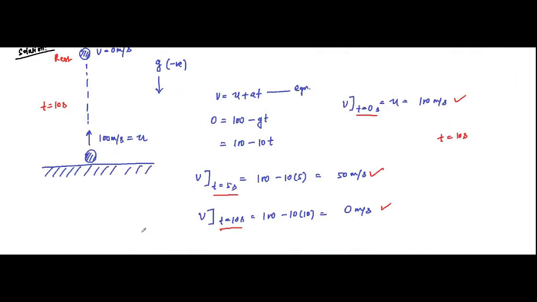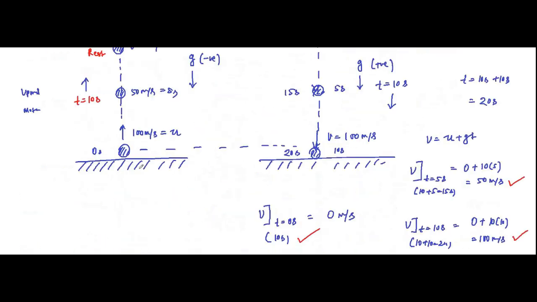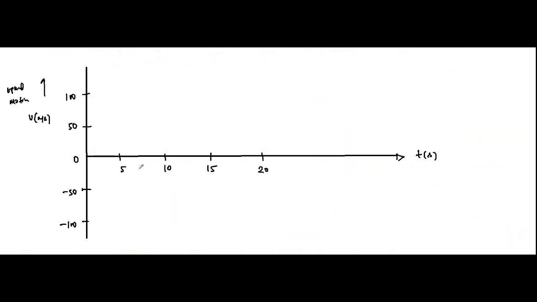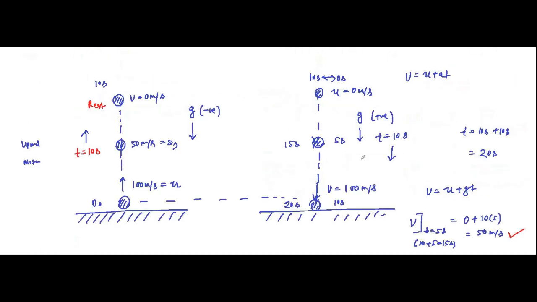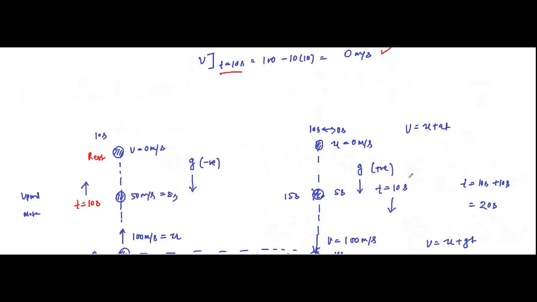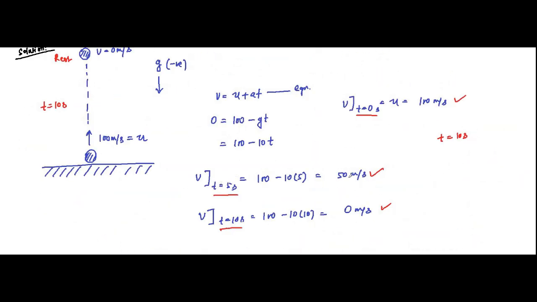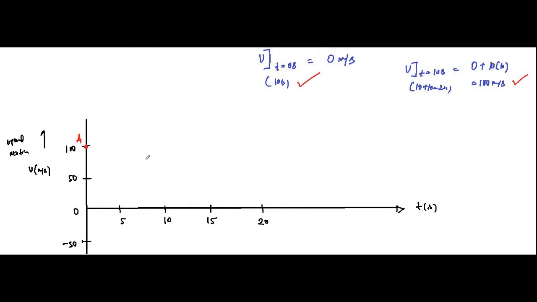So at t equals 0 seconds here, the velocity of the ball is 100 meters per second. It is thrown upwards, so positive, this point here. T equals 0, 100 meters per second, that's the first point A. Then at t equals 5 seconds, it is 50 meters per second, this point.